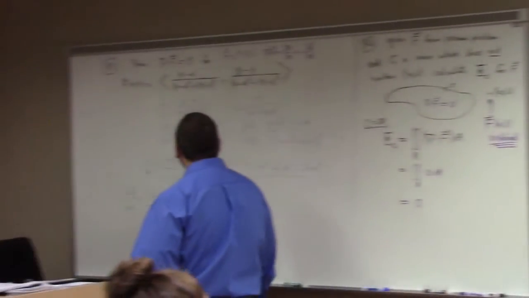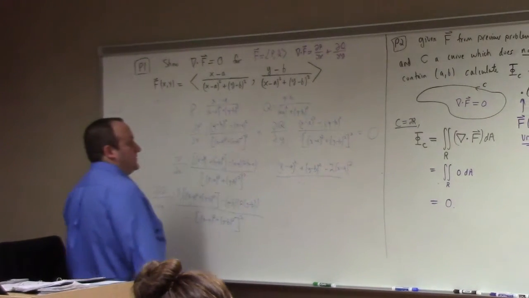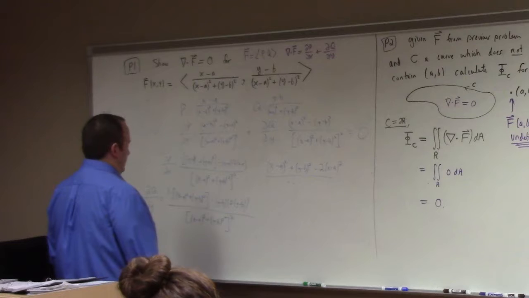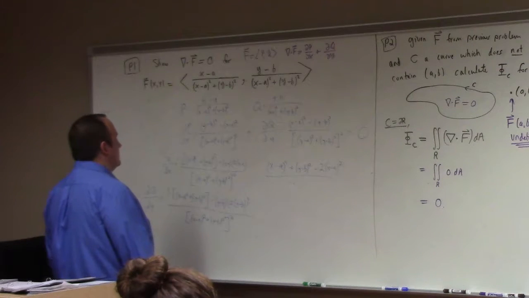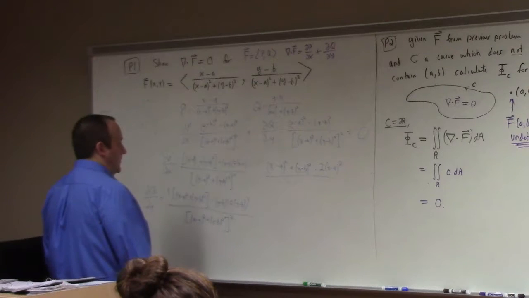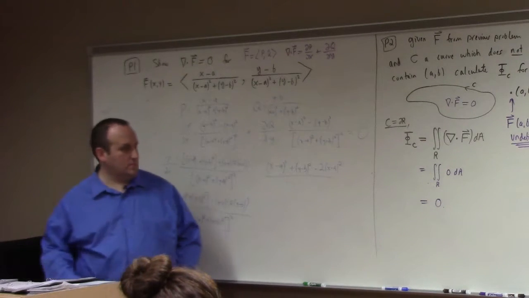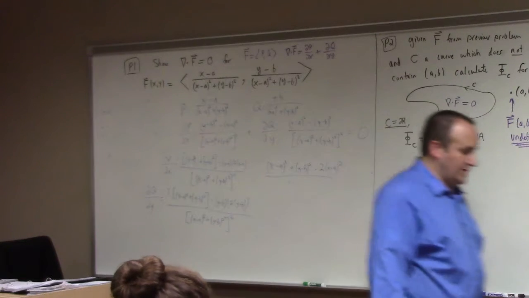All right, so let's see here. I asked you to calculate the divergence of this pesky vector field. Basically, partial P, partial x works out to what?